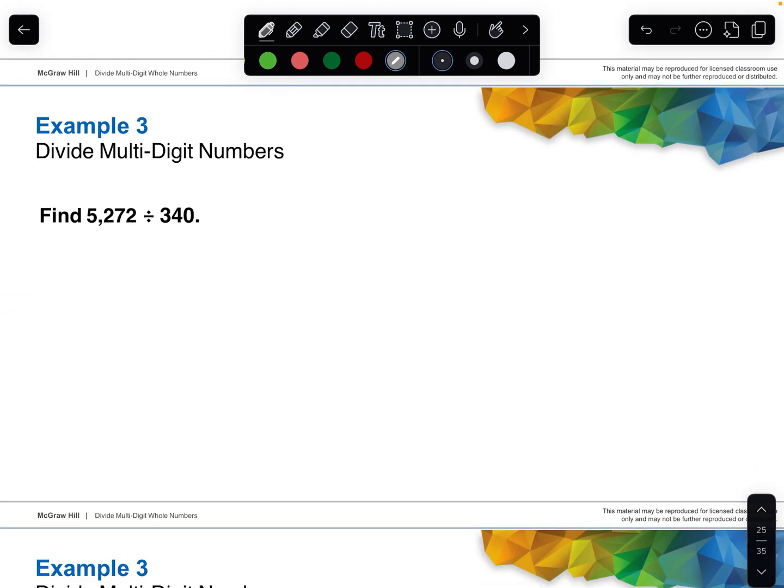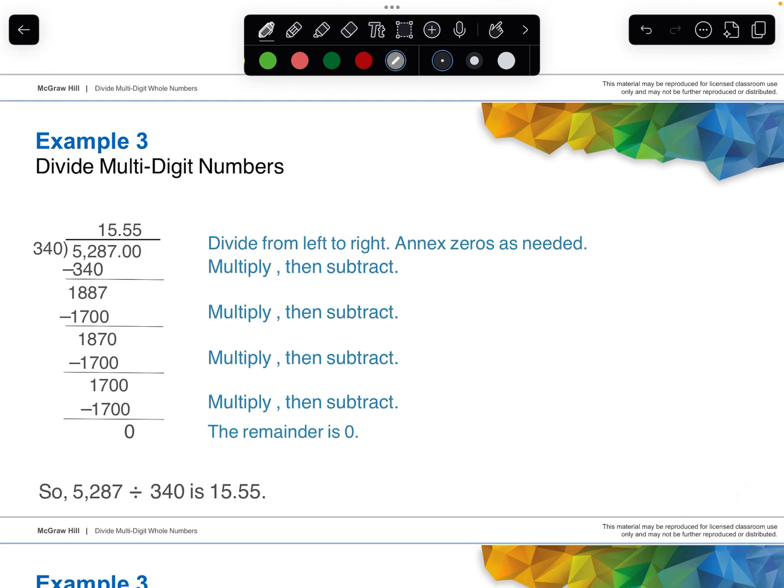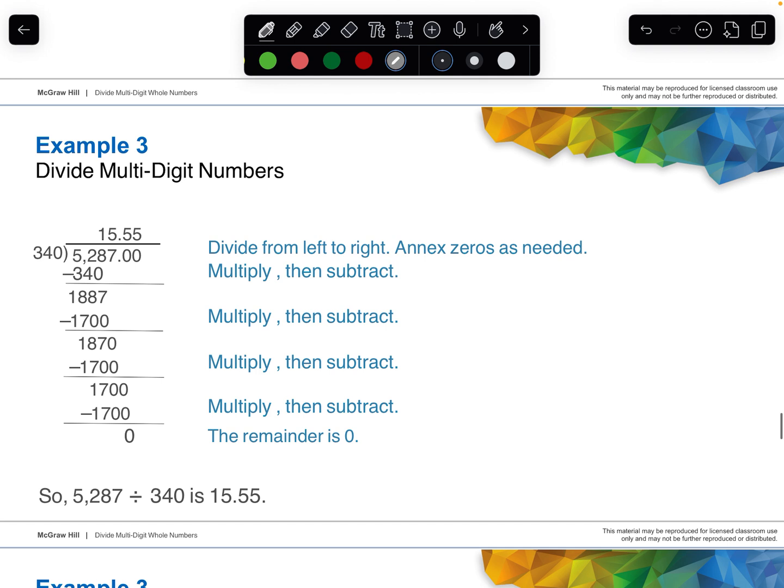All right, let's look at example 3. We have 5,272 divided by 340. Again, we're going to divide from left to right and we're going to annex zeros as needed. So in this case, 340 goes once into 527.